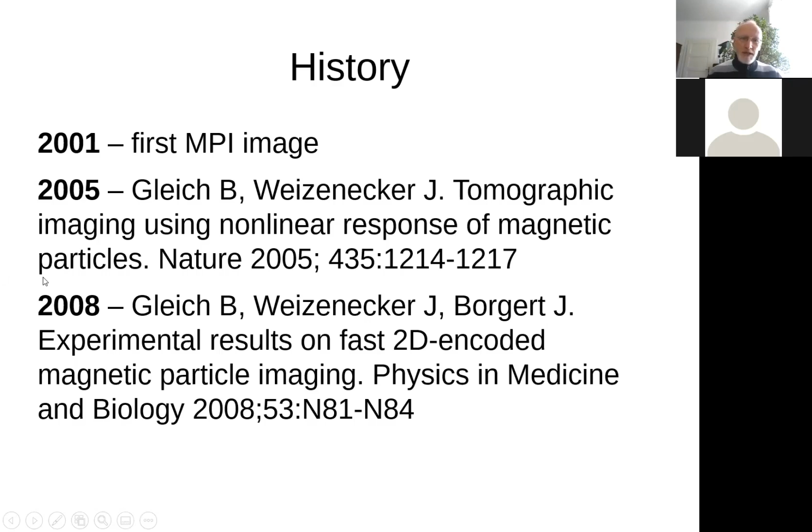In 2008, the same group presented experimental results and some theory and practical approach how to measure spatially resolved images in real time, not only the principle but a usable method.